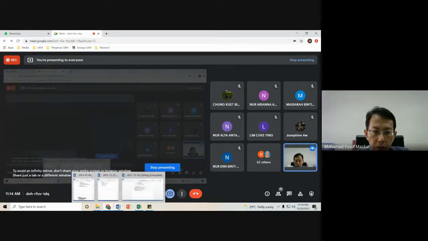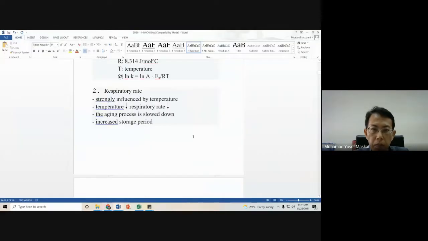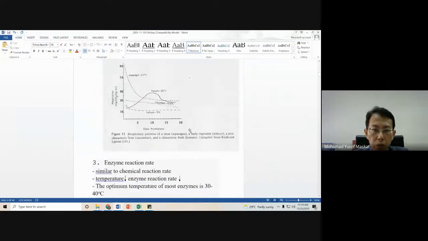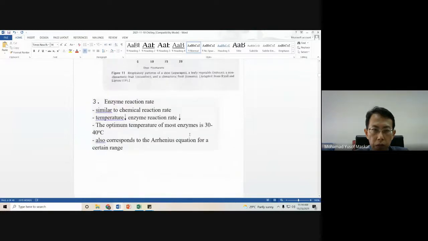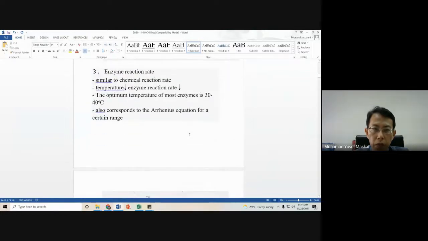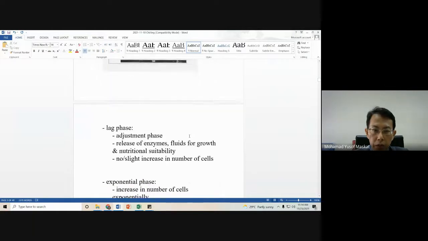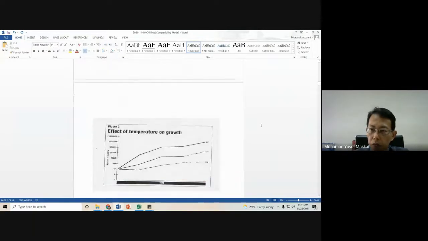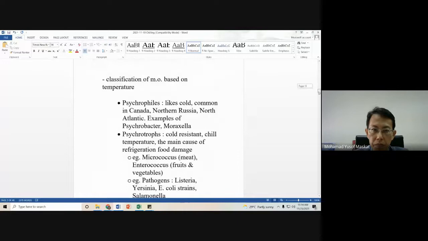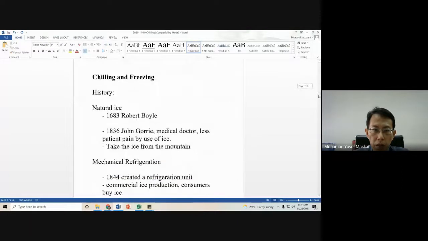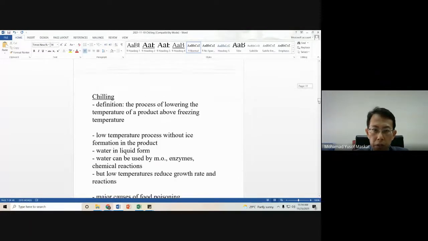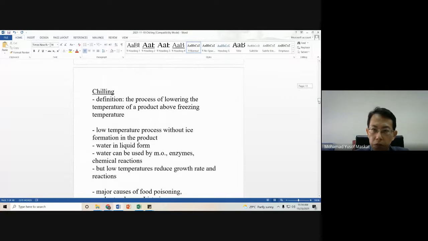Okay, so let's continue. We also have looked into the effects on enzyme reaction rates and microbial growth rates, and we have also touched a little bit on the history of refrigeration, basically chilling and freezing.